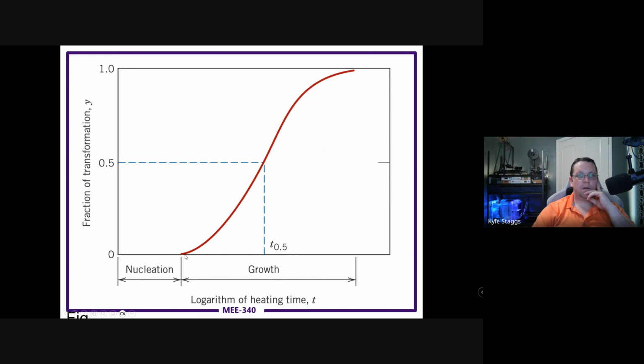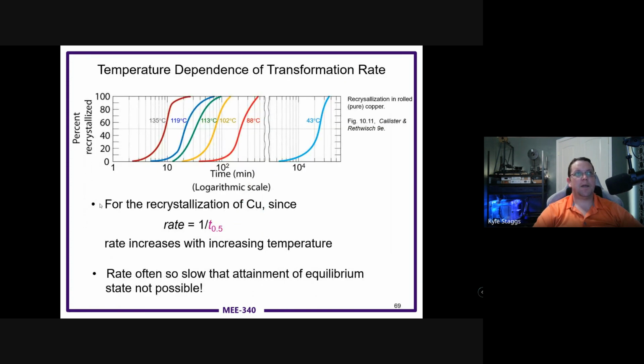It takes a lot longer to grow the austenitic phase than it does to start that nucleation. A lot of the time, this is why we have to heat something for a half hour, 45 minutes in order to get that formation to happen. We can't just stick it in the furnace and all of a sudden it reaches temperature and it's all equilibrated there. It takes time.